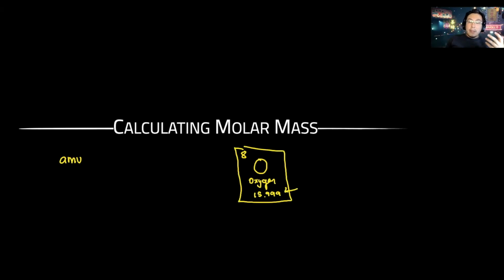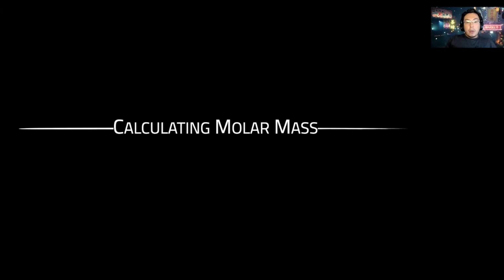So back then in the periodic table, we were talking about this. At this point, we'll be calling this the molar mass, or basically the mass that we're going to be using as reference for this particular element, right? So the molar mass of an element is the same as the one that you have in the periodic table. But what happens if you have, for example, a compound?